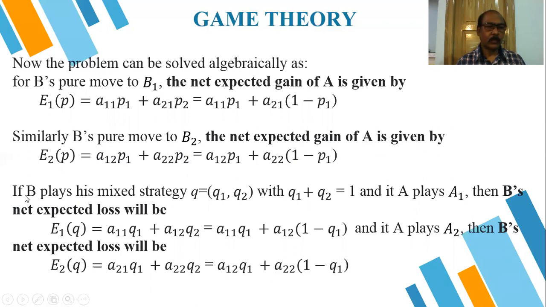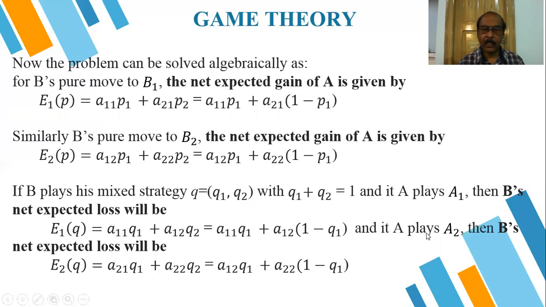Now we try to find out the loss of B. If B plays the mixed strategy Q equal to (Q1, Q2) with Q1 plus Q2 equal to 1, and if A plays A1, then B's net expected loss will be, when A is selecting A1, multiplying column-wise, A11 Q1 plus A12 Q2, where Q2 is replaced by 1 minus Q1.